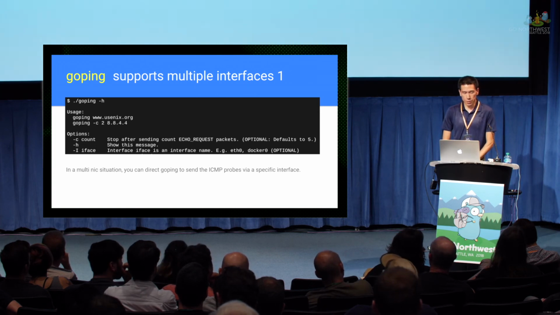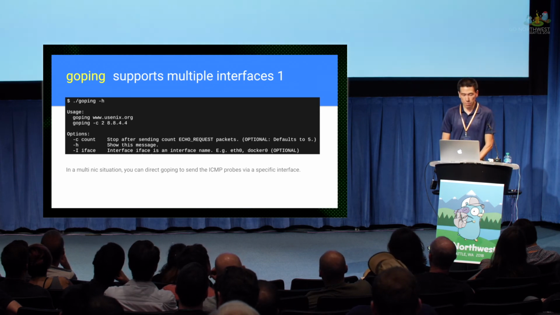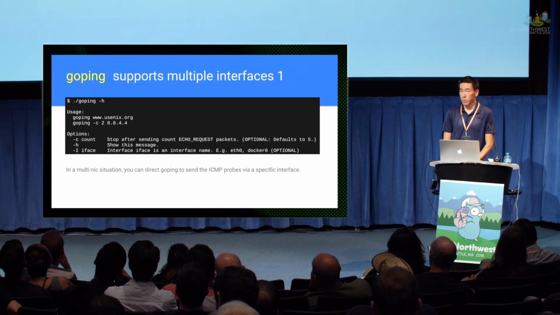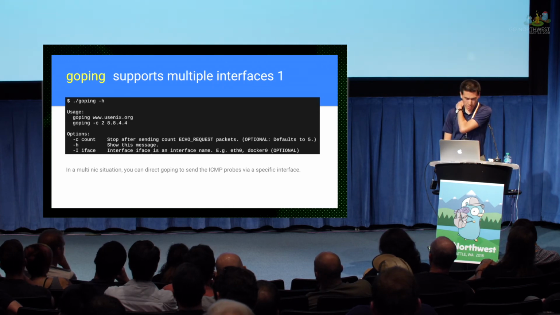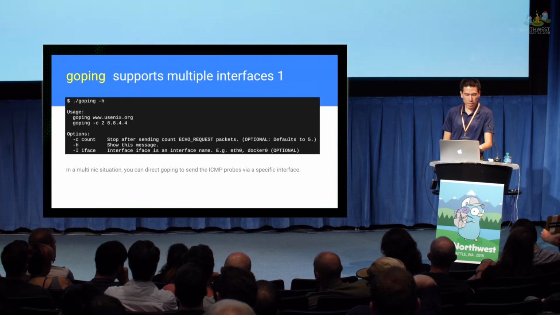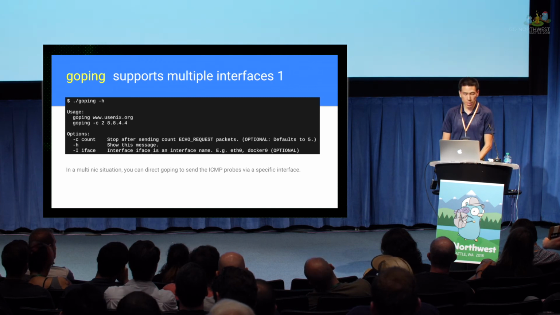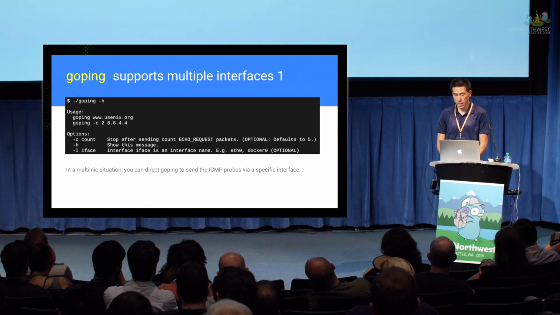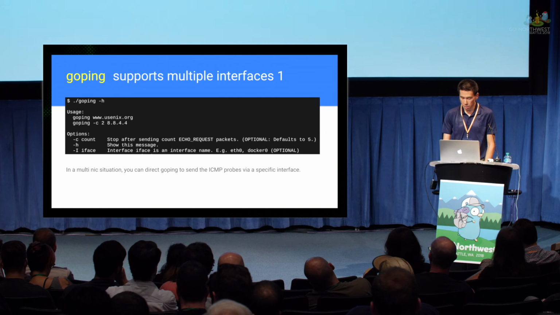Another feature I was experimenting with was sending ping on a machine with multiple network interfaces. In the original ping, you have a -I option in which you give it the interface name or the IP address. In my case, I decided to just accept interface names.